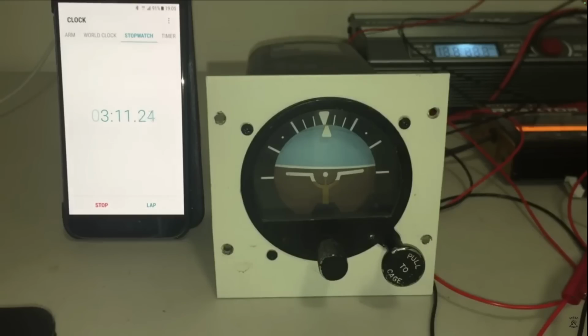Look at that, 3 minutes and it's almost all the way back to level flight. Just a couple of degrees to go.